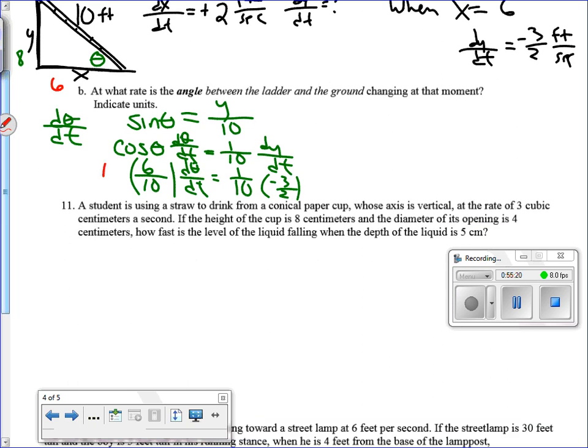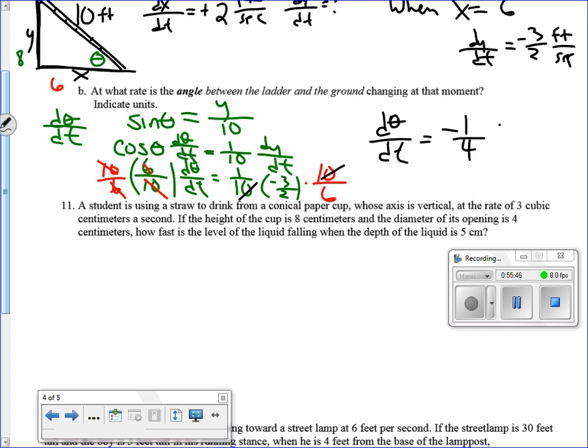That will leave d theta/dt by itself. It will also knock out the 10 down here, and we'll be left with negative 3 over 12, or negative 1/4. So d theta/dt equals negative 1/4.